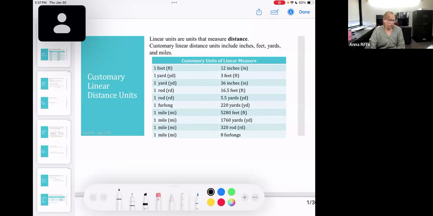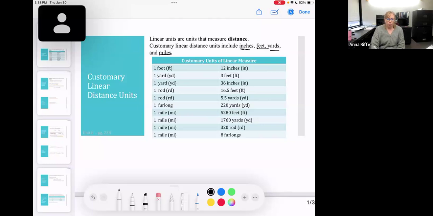Customary units of linear measure, as mentioned, involve these 4 units as well as others. And we know from experience that certain units in the customary system are equal to a certain number of units of another type of units also in the customary system. Many of these you're familiar with, some of them you are not.